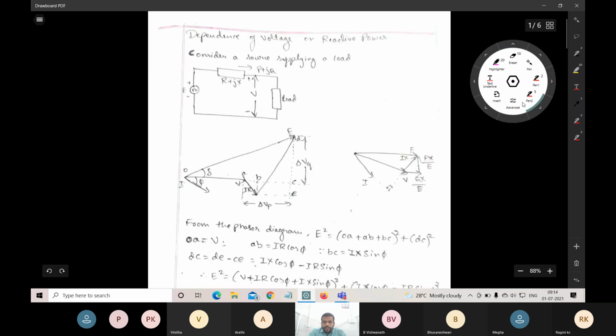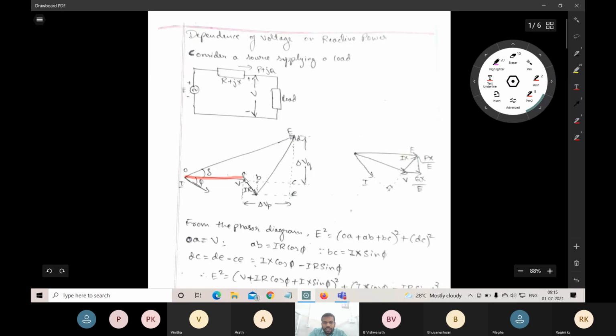Here OA, as I told, this line is your V. V is the voltage measured at the load side. And AB is the distance that we drew here. How do we calculate AB?